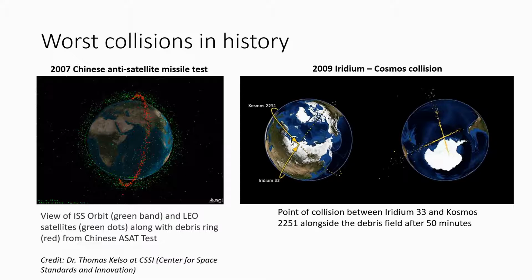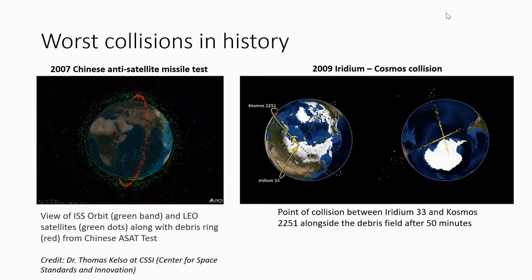This collision happened nearly at right angles, and it destroyed both satellites completely. The Iridium one, as I said, was active at the time, and they didn't realize until a couple of days after the collision that one of their satellites had been lost.